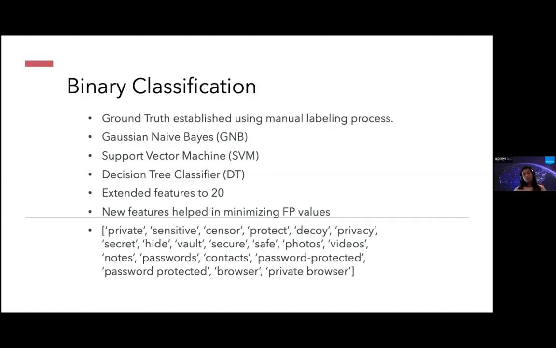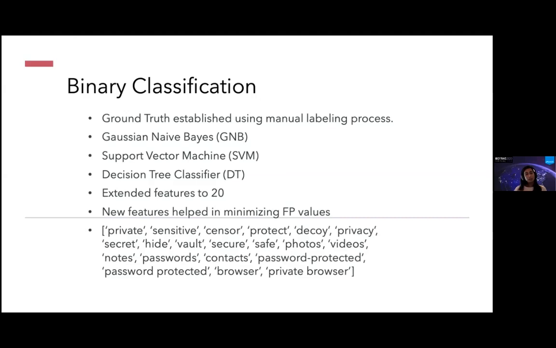So each of the keywords that we already had used in the initial scan set became those 11 keywords, and then we also had to add a few other keywords which define what could be the content of those applications. So as you see, the new features in addition to the old features resulted in about 20 such features, which we also call the extended feature set.